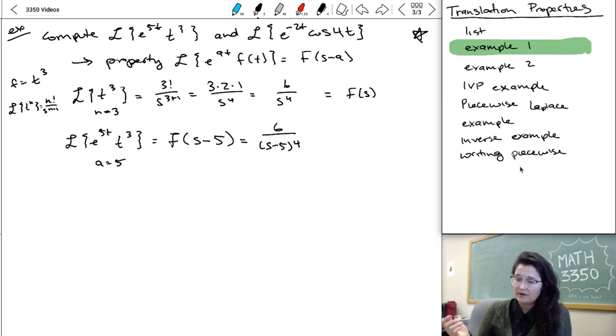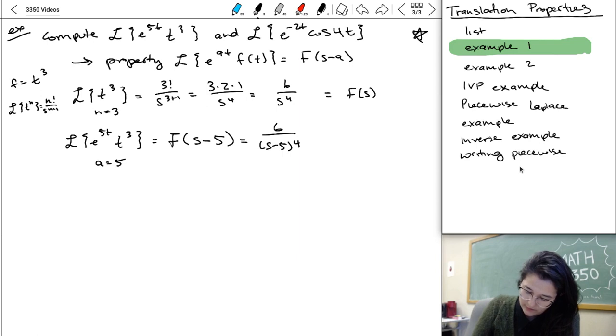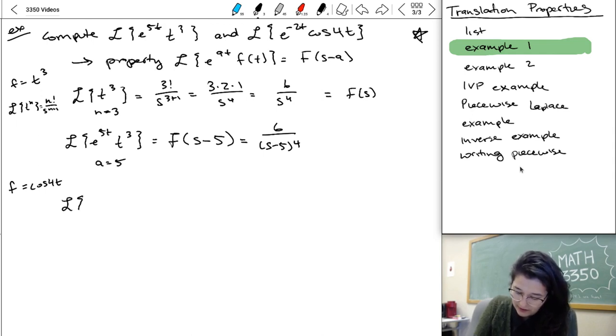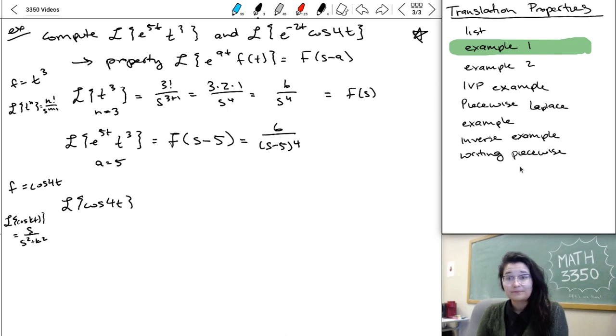So we'll do the same thing with the next. For our second example, our f is cosine 4t. So then L of cosine 4t, I know from L of cosine kt is s over s squared plus k squared.